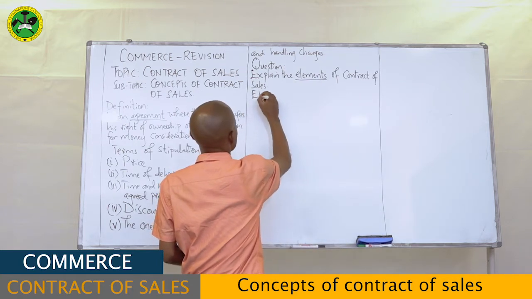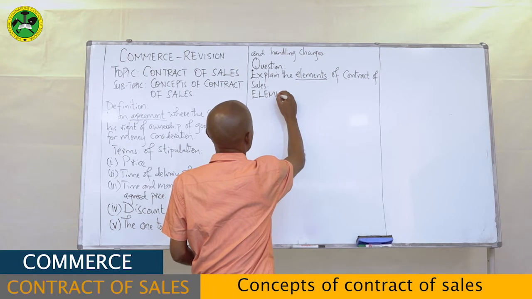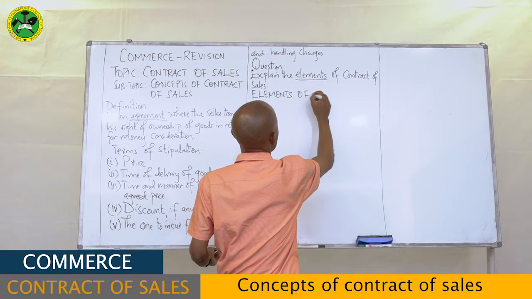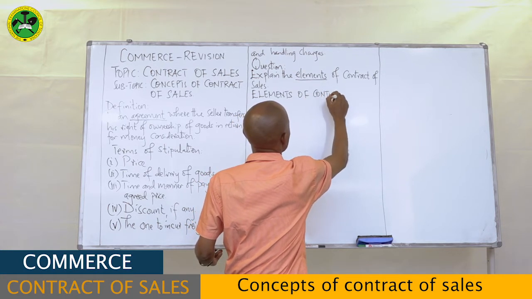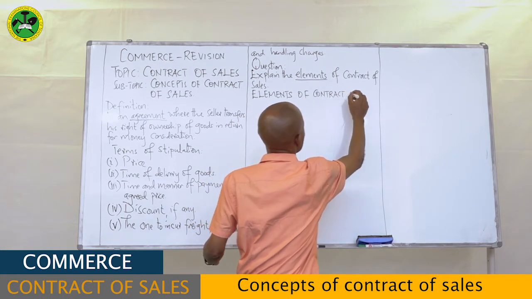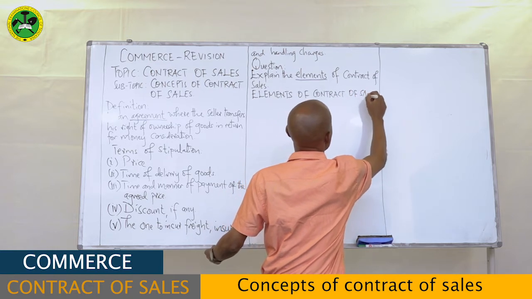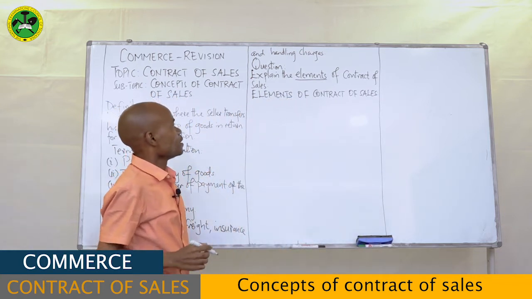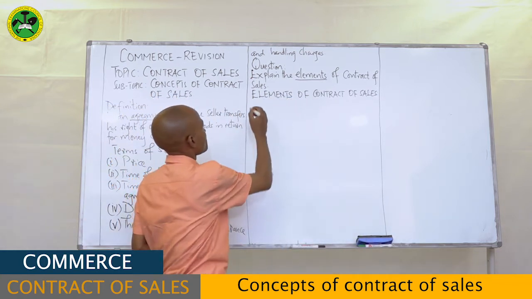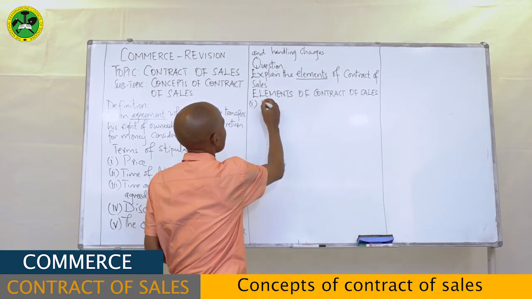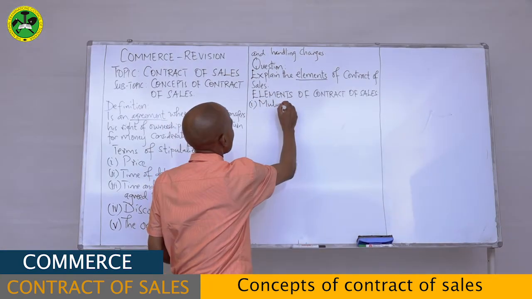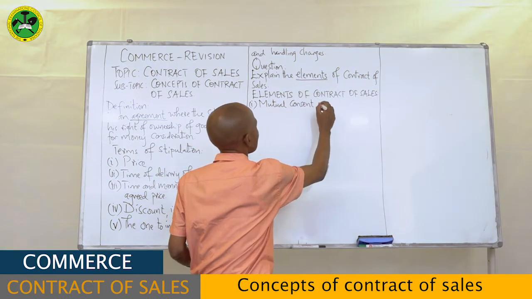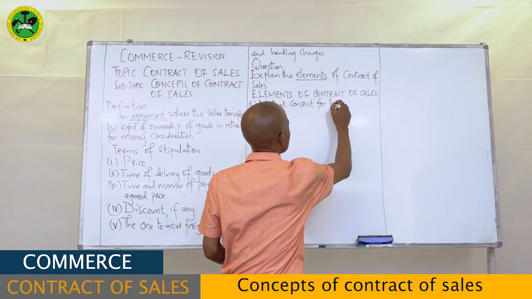So, elements of contract of sales. The first element is mutual consent for the transaction.